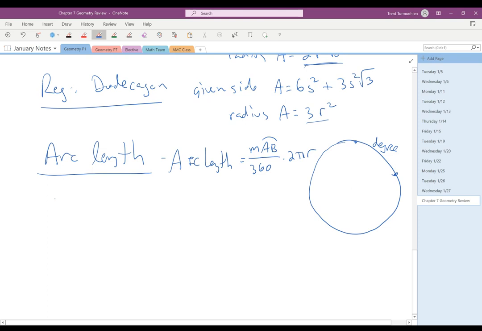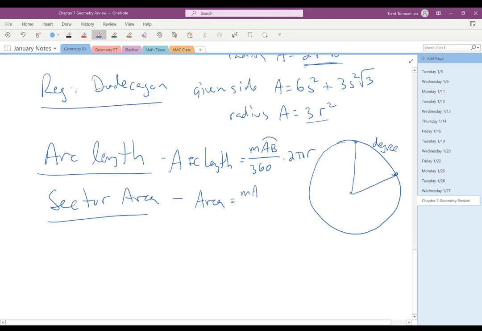And then we have the area of a sector. Remember, it's like the arc length formula, except that instead of taking a fraction of the actual circumference, you're taking a fraction of the area. So this is a sector.